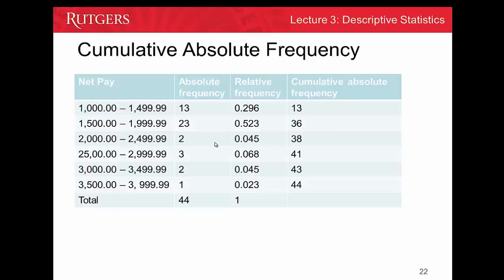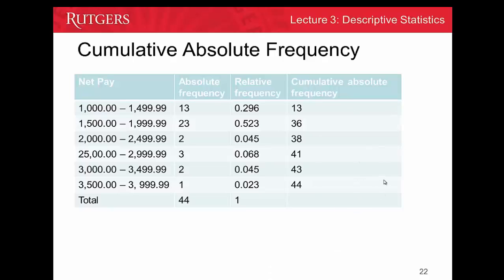Then for the third group, the number of records that fall in this group is 2, and then we add the number of records that fall in its previous groups, a total of these 3 groups. Then we get 38. For the rest of the groups, it is the same. So for the last group, we end up with the total number of records in the whole data set.